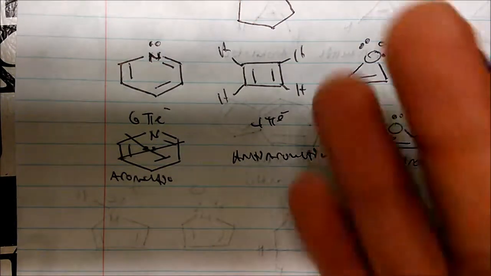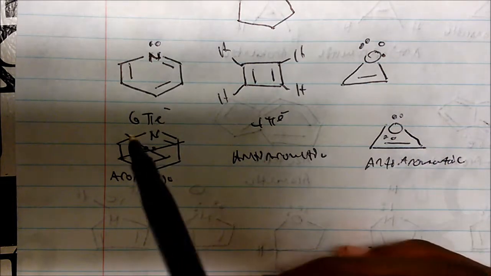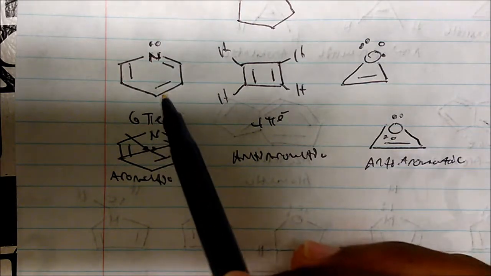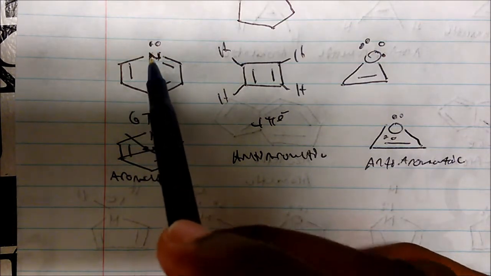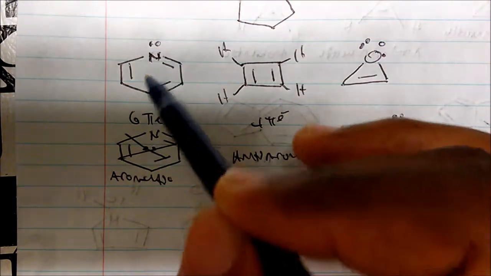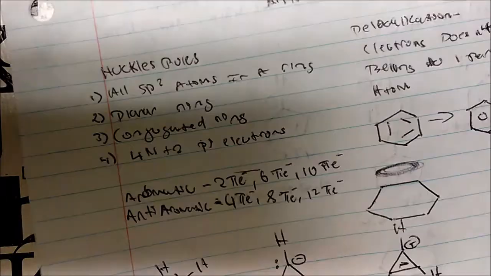So again, if your ring is already aromatic and you're thinking about moving electrons into the ring, first look: if you move those electrons, will your hybridization change? If it's already sp2 hybridized, you cannot move those electrons, because you're trying to get that flat ring.